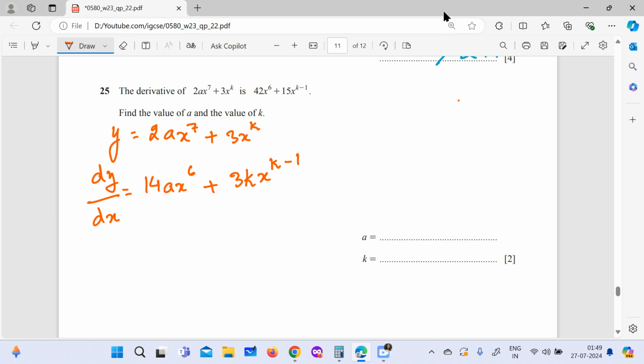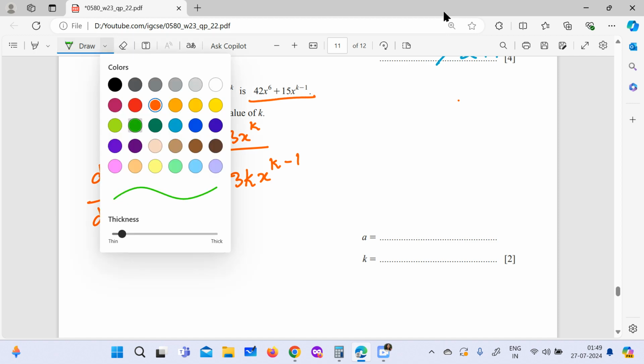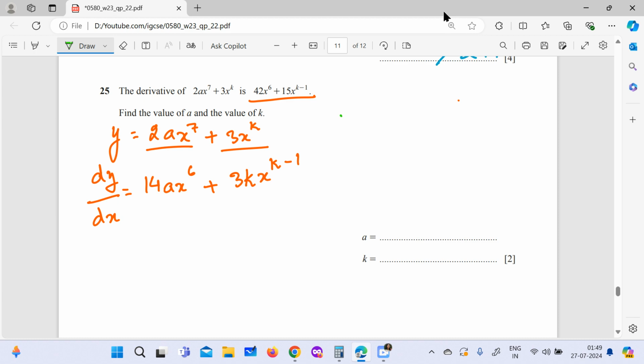Okay, so this is what we get when we are finding the first derivative of 2ax to the power of 7 plus 3x to the power of k, and it is given here. Okay, let's solve it. How to find the value? See, this is 42 x to the power of 6 plus this is 15x to the power of k minus 1.